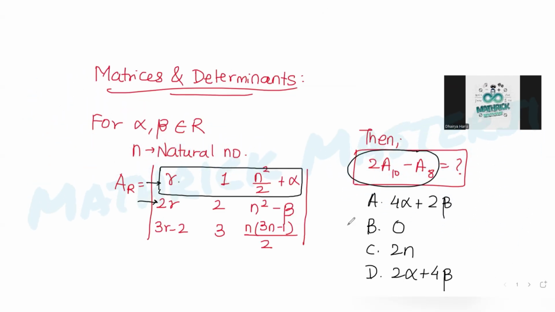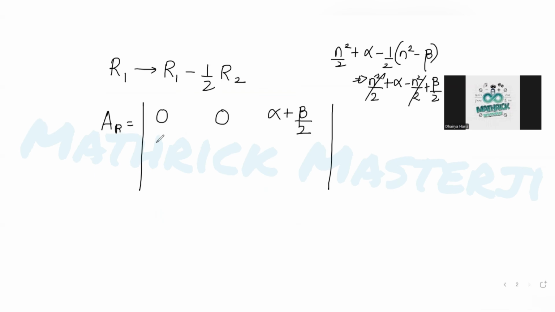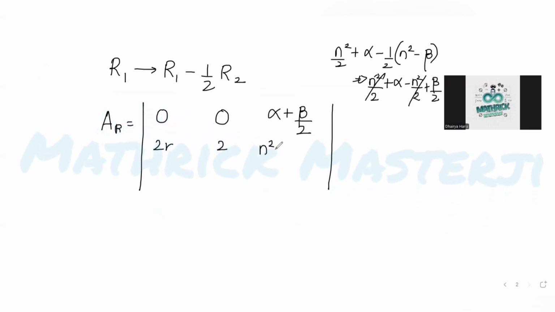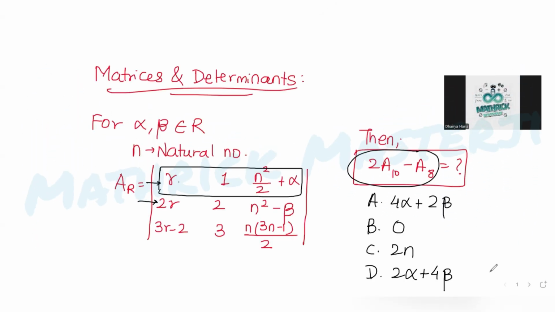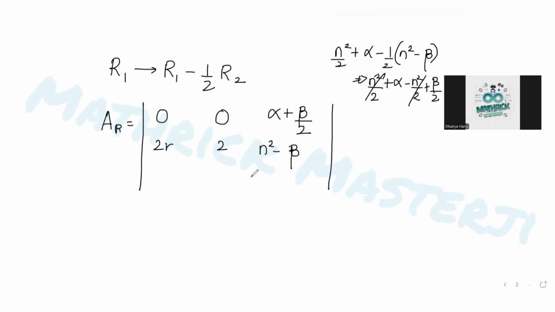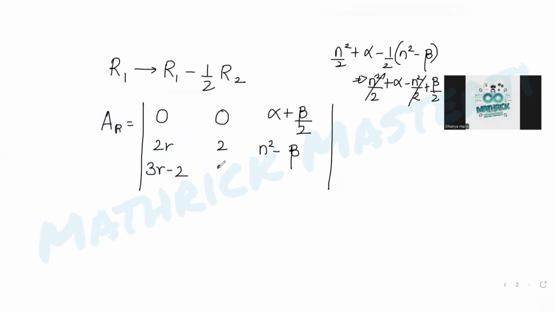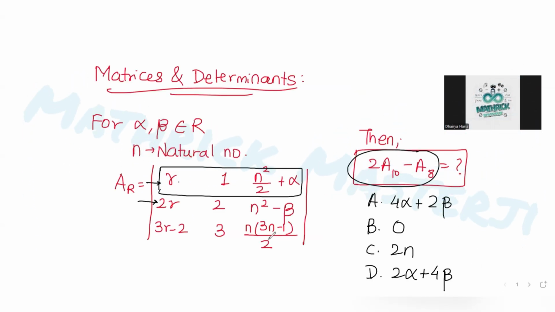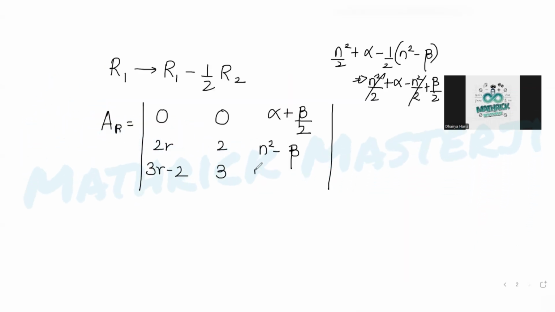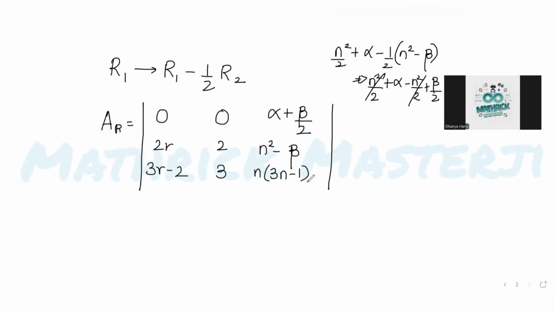The second row I can write as it is: 2r, 2, n square minus beta. The third row also stays as it is: 3r minus 2, 3, and n times 3n minus 1 over 2.